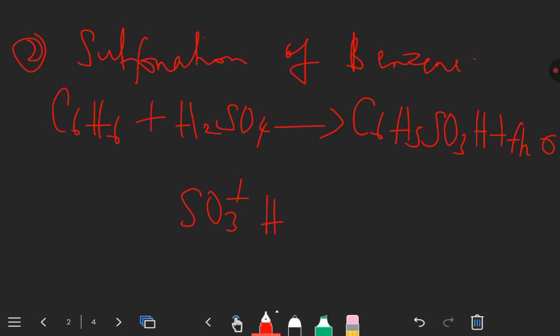So we're able to produce this electrophile. Then this electrophile will now be able to react with the benzene, therefore forming the product, which is benzenesulfonic acid. So this is the general reaction.